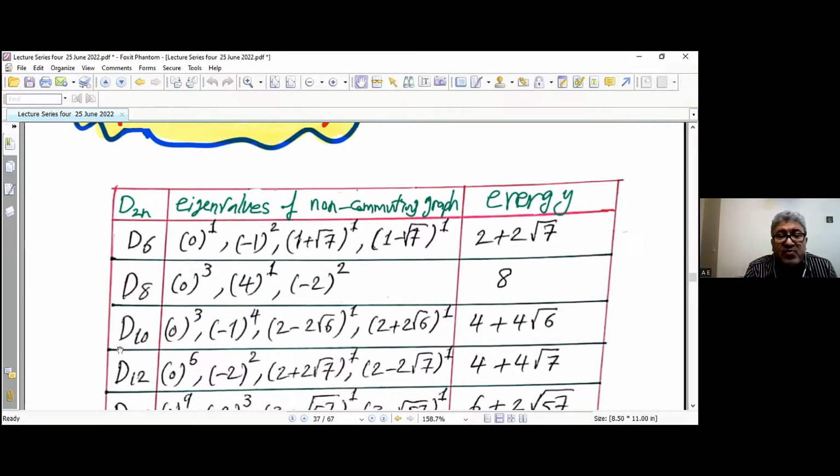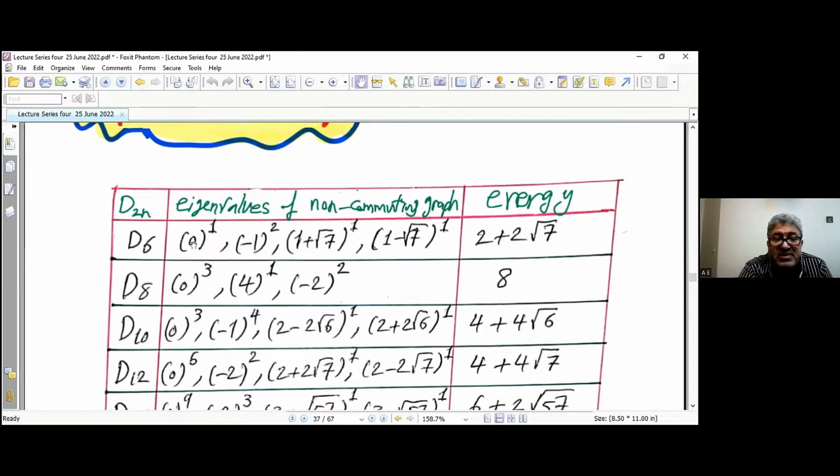If you look here, for the dihedral group of order 6, we have 5 eigenvalues, because the vertex set for the dihedral group of order 6 is the non-central elements.